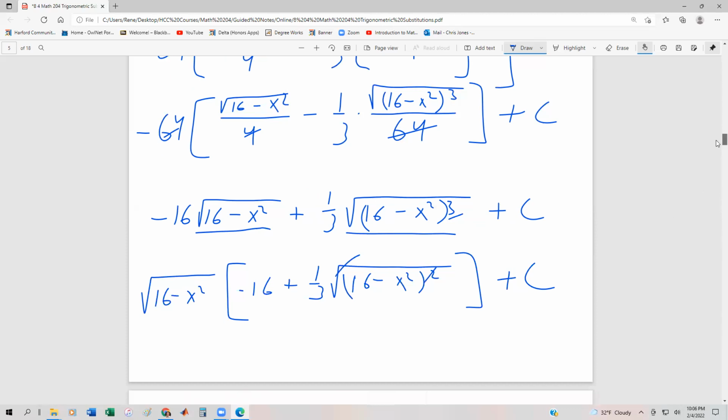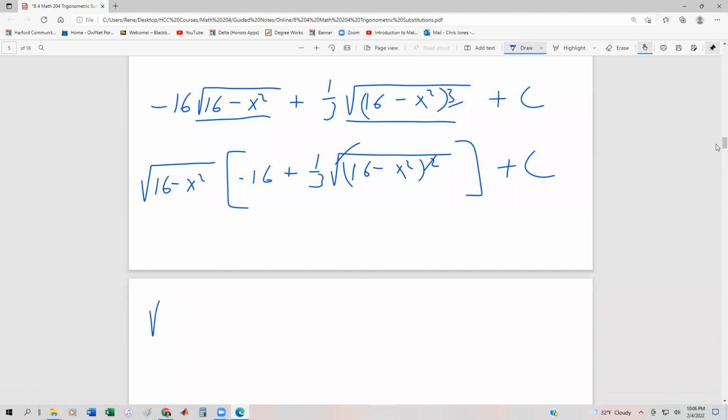And we could end up with the square root of 16 minus x squared times negative 16 plus 16/3 minus x squared over 3, plus c.